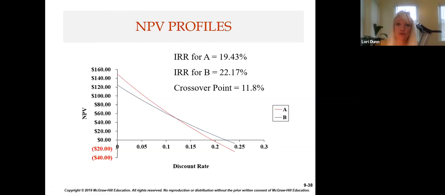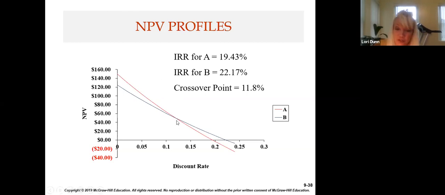If your required rate of return is between 0 and 11.8%, you're going to probably select project A because the net present value is higher from 0 to 11.8%.